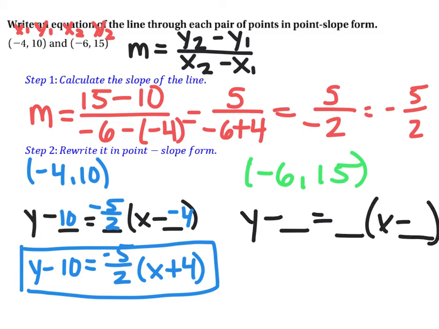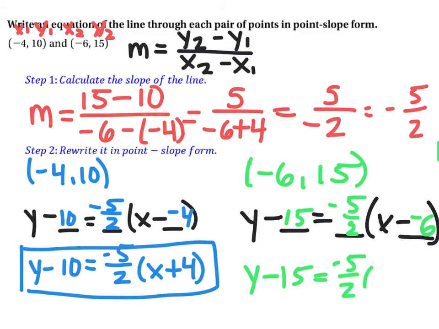So my slope is still -5/2. The y coordinate is 15, and the x coordinate is -6. So I could rewrite this as y minus 15 equals -5/2 times x plus 6.